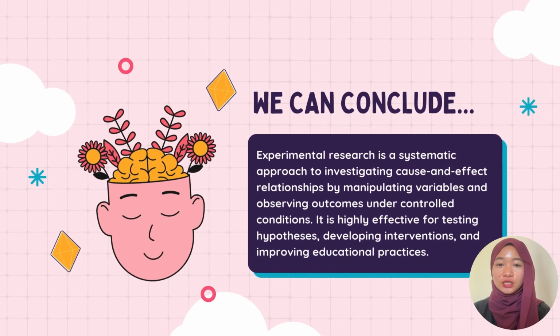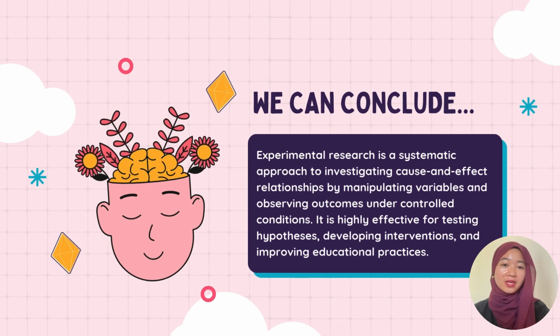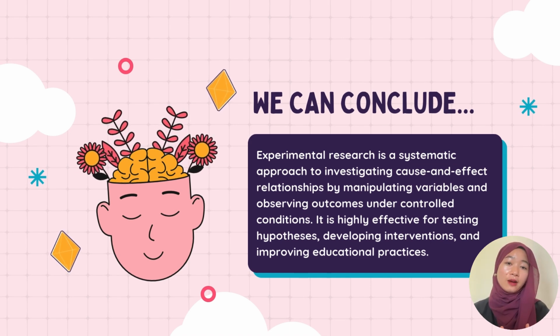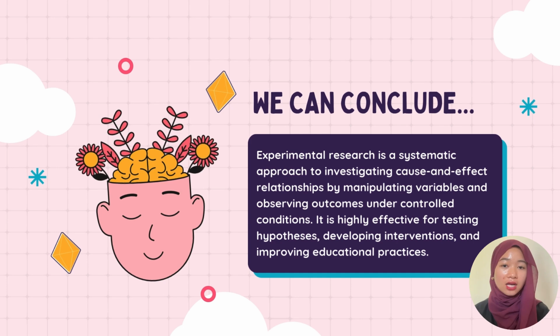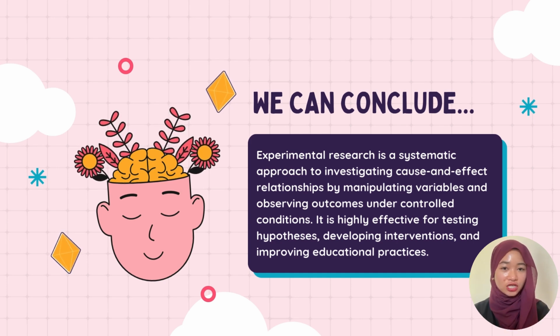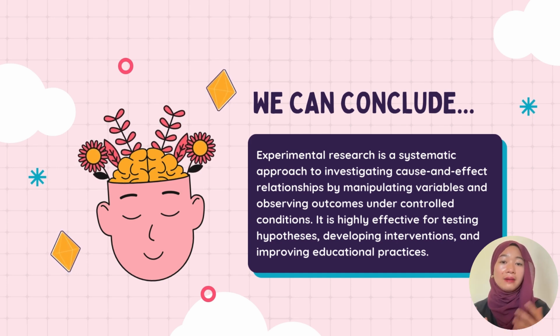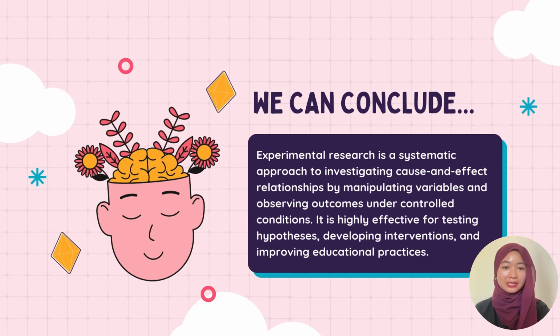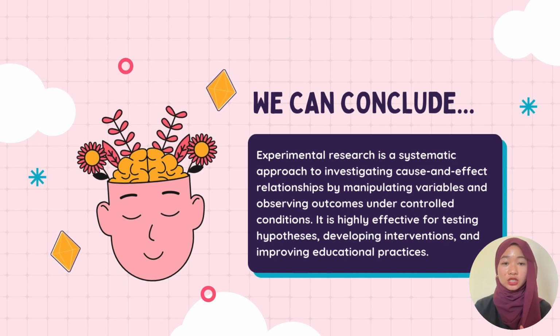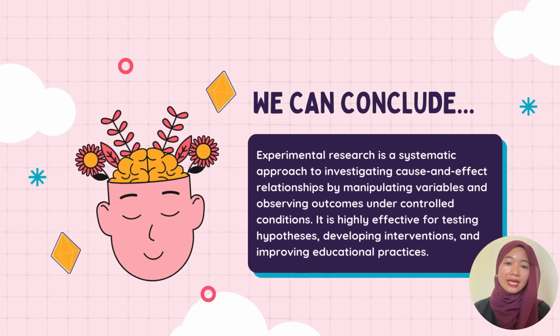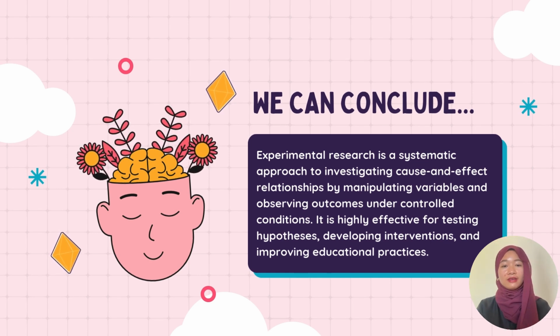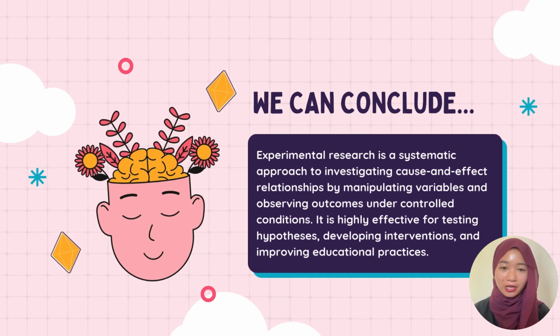So we can conclude here that experimental research is a systematic approach to investigating cause and effect relationships by manipulating variables and observing outcomes under controlled conditions. It is highly effective for testing hypotheses, developing interventions, and improving educational practices.